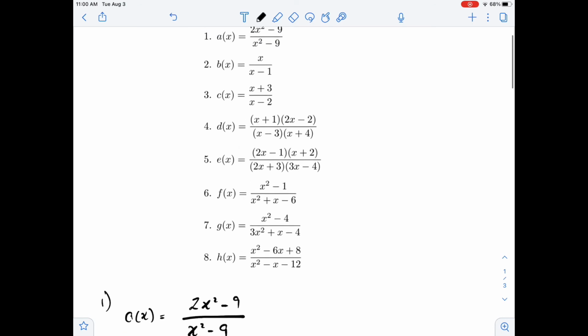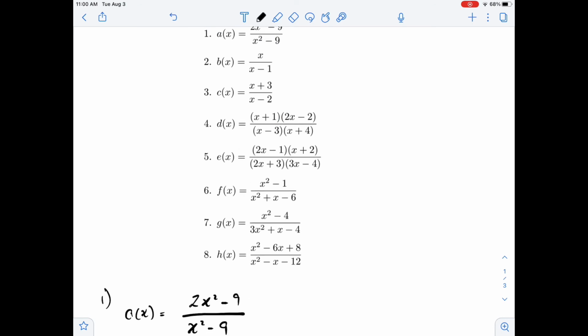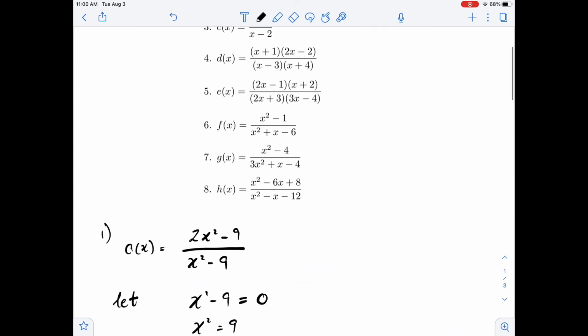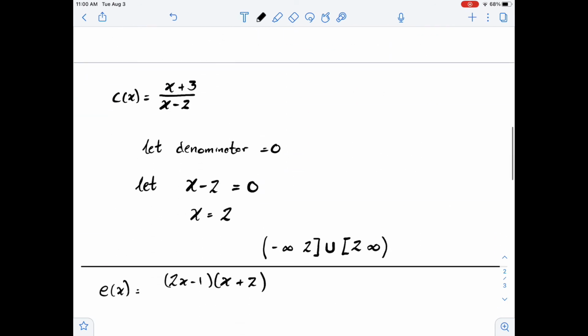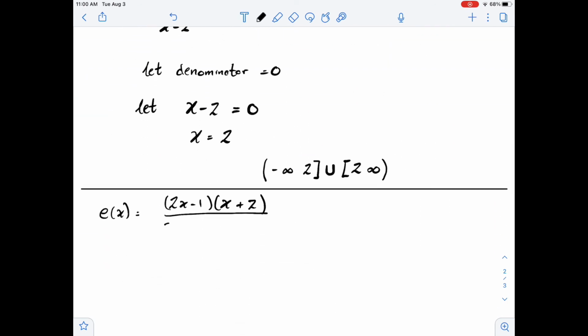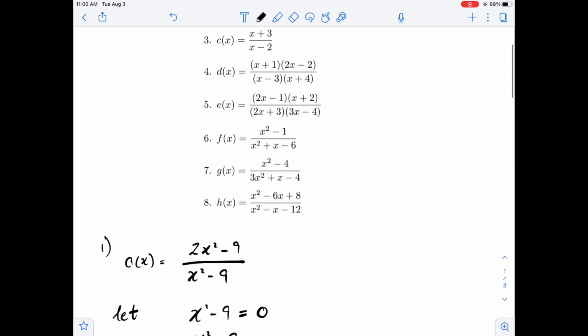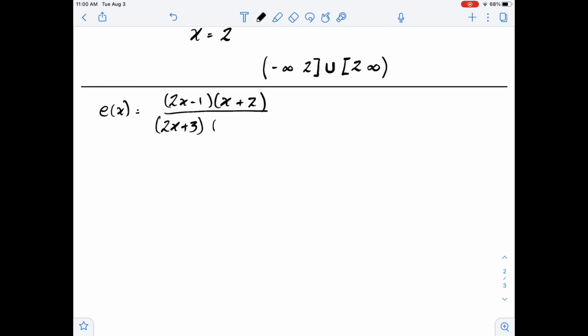So e of x is, it's a long one, 2x minus 1 times x plus 2, all over 2x plus 3 times 3x minus 4. All right, there's my rational function.